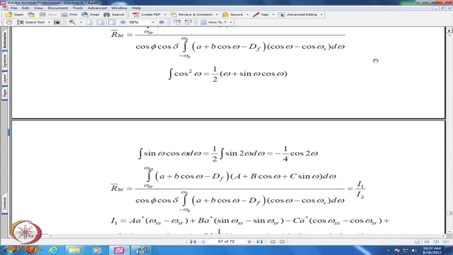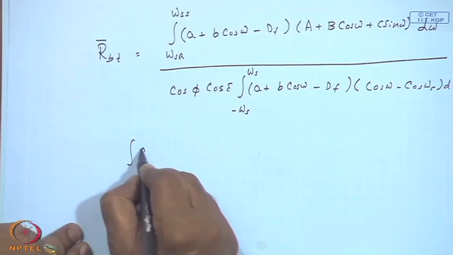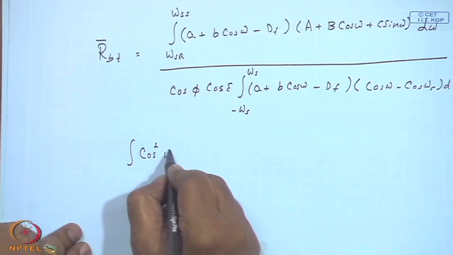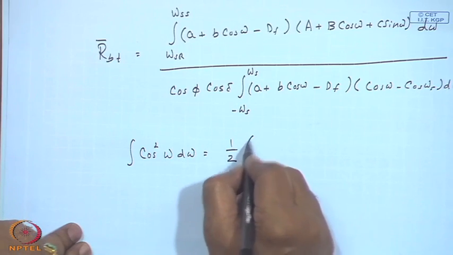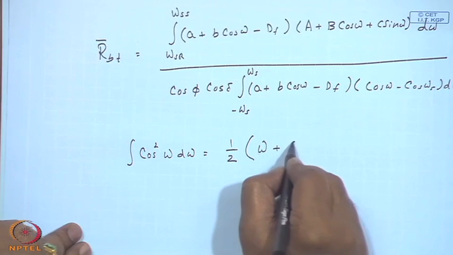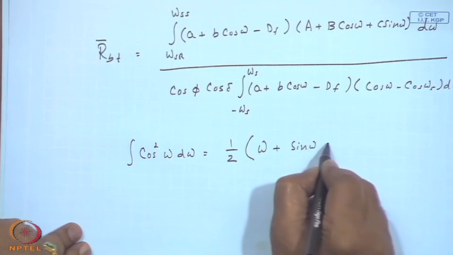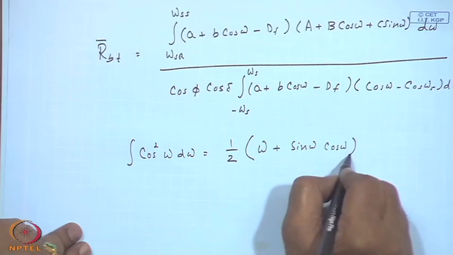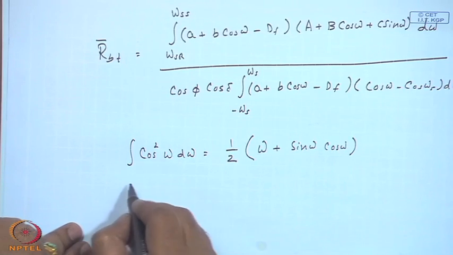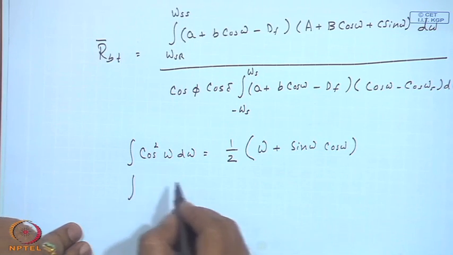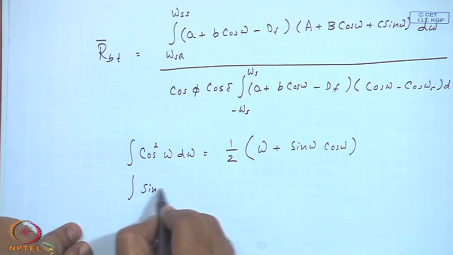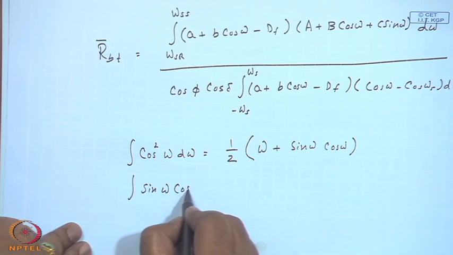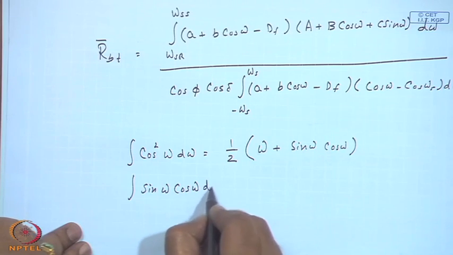If you want to note down, I will write down cos squared; that d omega is missing there. And you can have quite good exhaustive tables on the web, even Wikipedia. So, you can see other functions also.